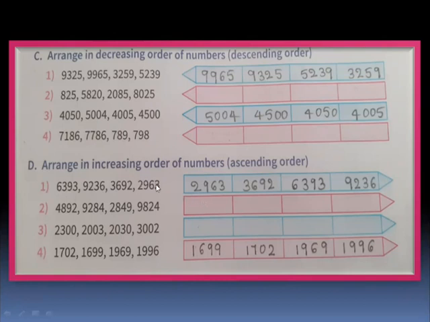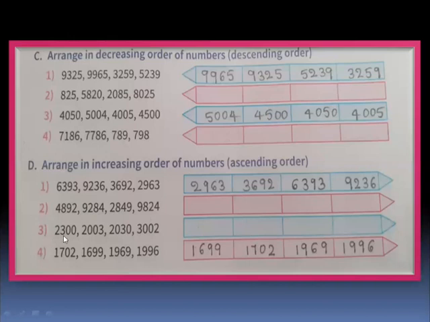Which is the smallest number in these numbers? 2963. Next is 3692. Next number 6393. Next is the 9236. Okay. Next, second one, 4892, 9284, 2849, 9824. For these numbers also you have to write in ascending order.